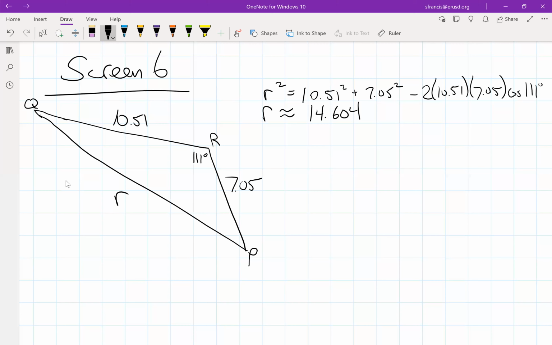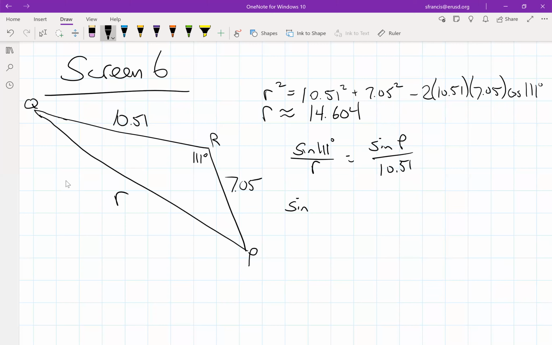And now if we want to find angle P, then the sine of angle P, actually, let me do it this way. The sine of 111, so I'm consistent with what I wrote earlier, over R is going to be the sine of angle P divided by the 10.51. And so we know R, so it's P we're looking for.